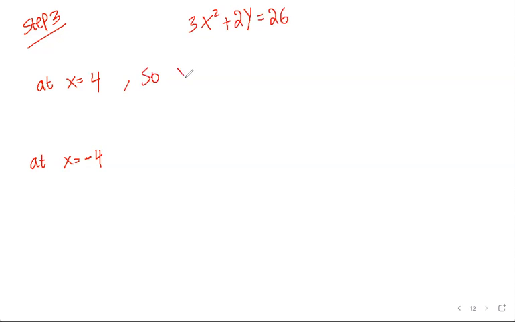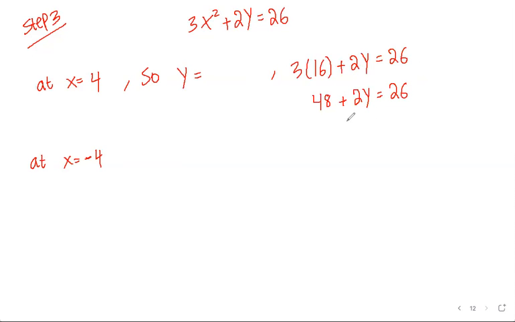So I get 3 times 4 squared, which is 16, plus 2y equal 26. 3 times 16 is 48, plus 2y equal 26.